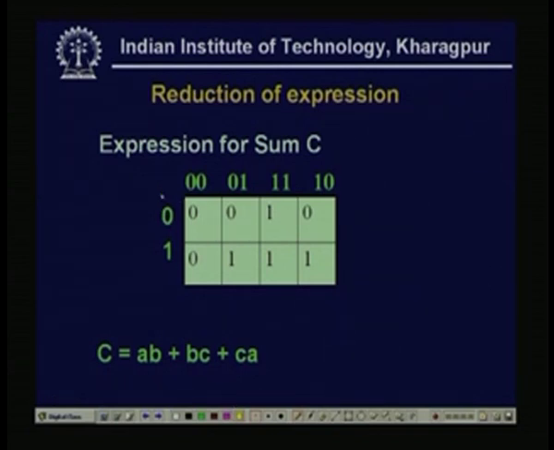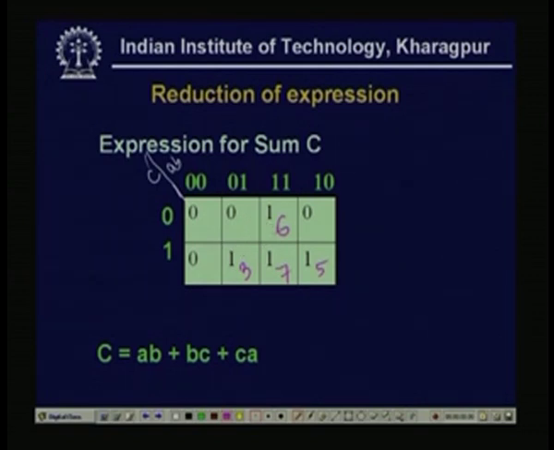If I put A, B, C, this is 3, then 1 1 0 means 6, 7, 5. So, for 3, 5, 6, 7, the output will be 1 and in the remaining cases it will be 0.